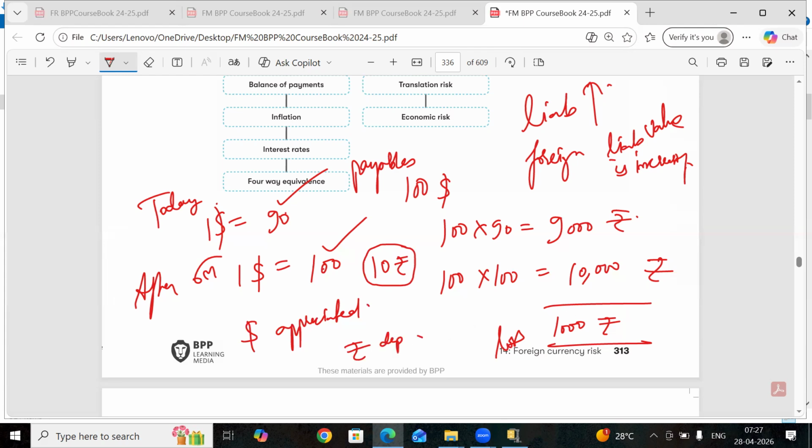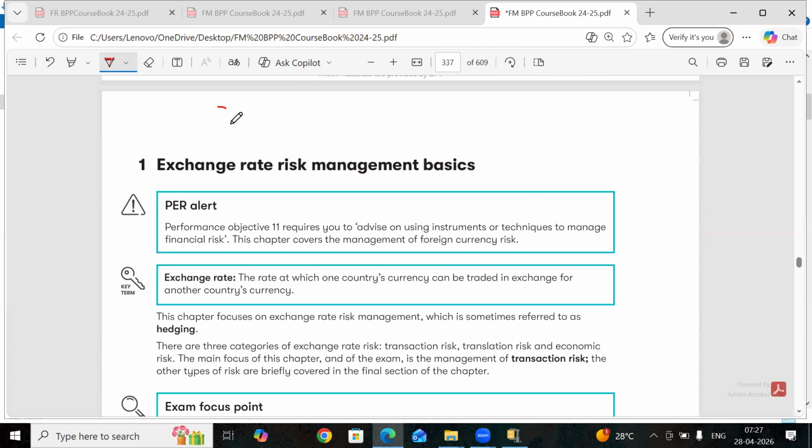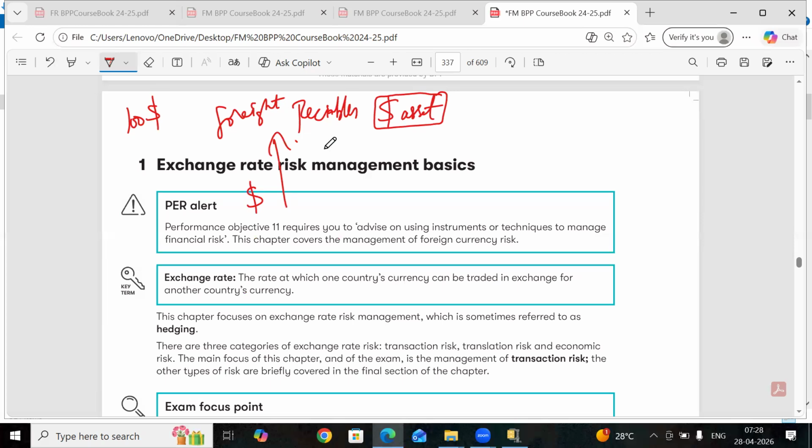So whenever there is a foreign receipt, receivables, this is your dollar asset. Let's say you are supposed to receive $100. The dollar should appreciate, then gains.